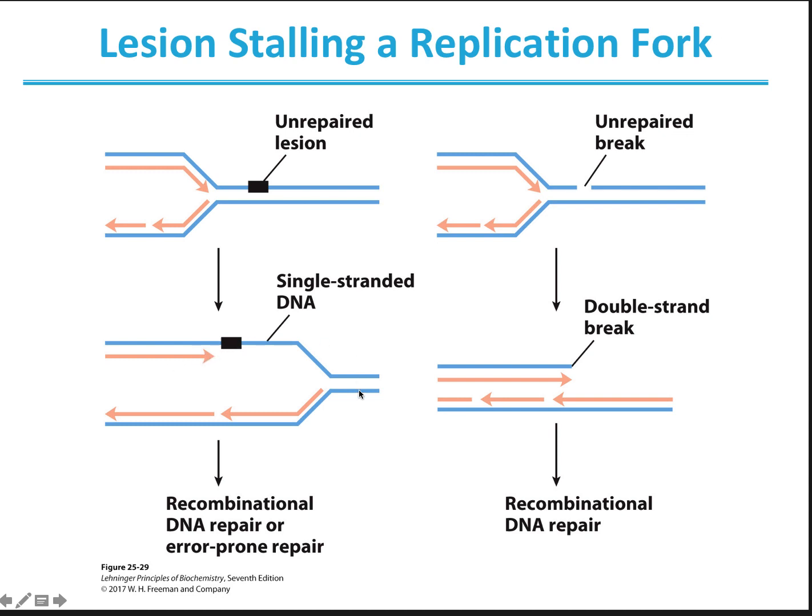And right here what we see is that single-stranded DNA doesn't get synthesized, and that results in recombinational DNA repair or error-prone repair. Alternatively, an unrepaired break may result in a double-stranded break. In the case of a double-stranded break, there is recombinational DNA repair. So in this case, another chromosome has to serve as a template.